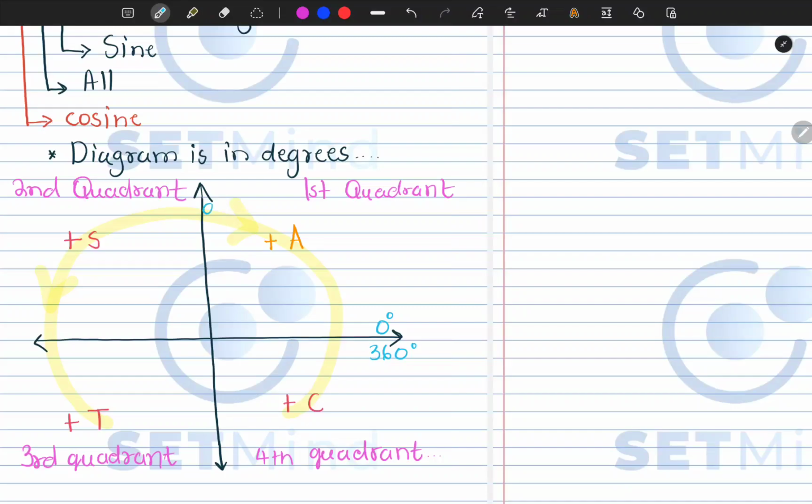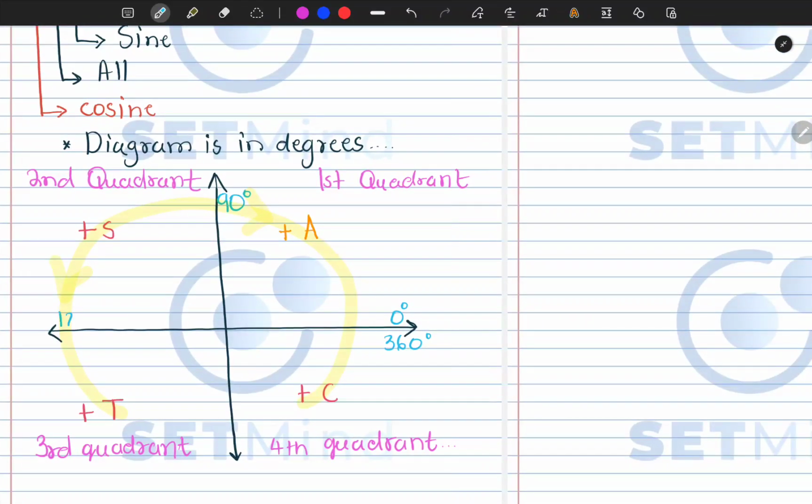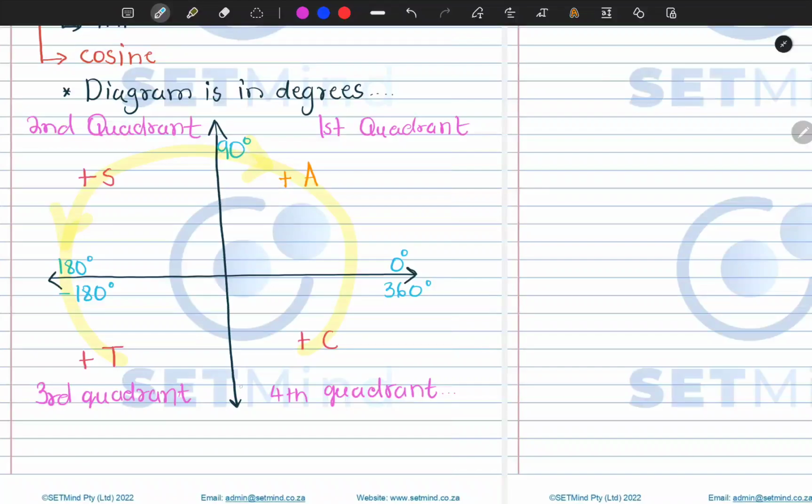At the top, the angle is 90 degrees. This side, the angle is 180 degrees. From the other side, it's minus 180 degrees. And here the angle is 270 degrees. Maybe let me leave the minus 180 degrees for now. These are our angles.